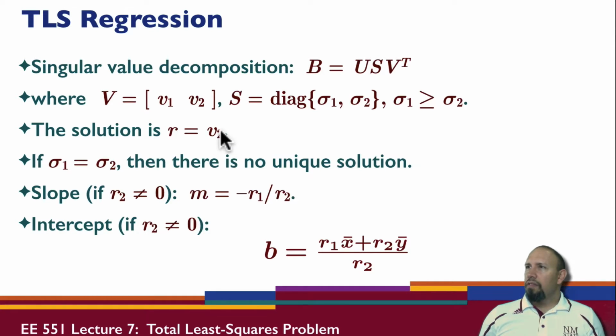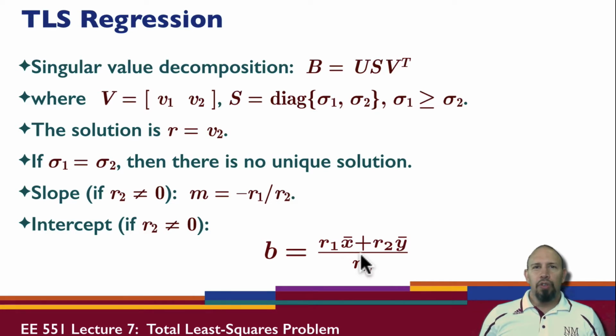And so from this we have that the slope is given by minus r1 over r2, and the intercept, if r2 is not 0, is this. Obviously if r2 is equal to 0, this is not going to work. We basically get infinite slope in that case. So notice it's a function of the average values of x and y. So here's the slope that we get, and here's the intercept.